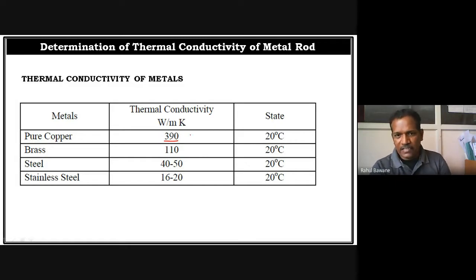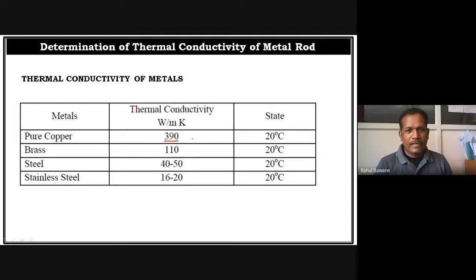And why does it happen? Because heat transfer by free electrons is reduced. Why reduced? Because of lattice vibration: all molecules vibrate at a very fast rate, and they prevent these free electrons from passing through the gap between the two molecules.